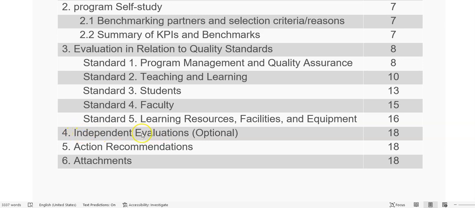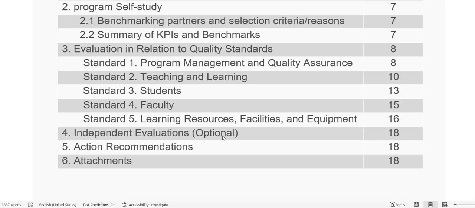The fourth section is about independent evaluations. This is all optional. Previously it was compulsory, a must, and you had to provide a report about the independent evaluator and write your action plan based on his feedback or comments.